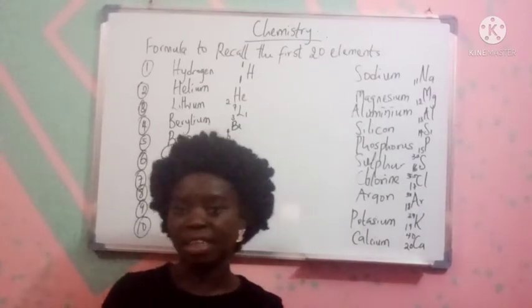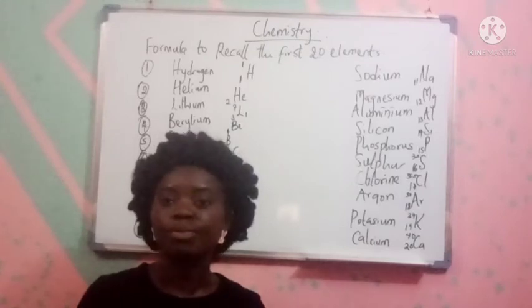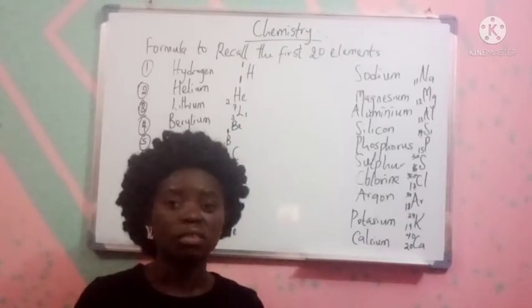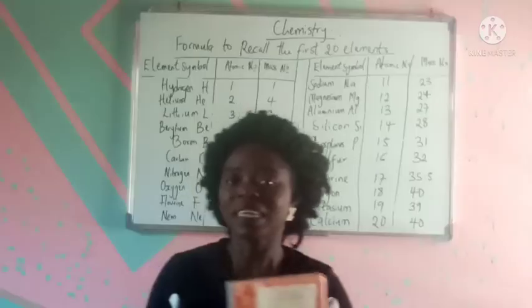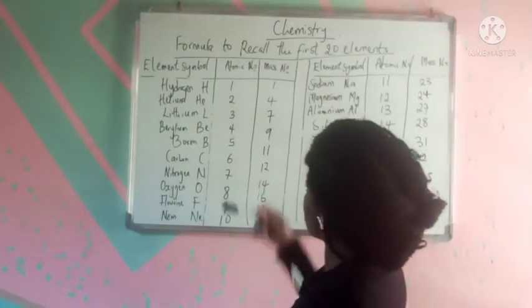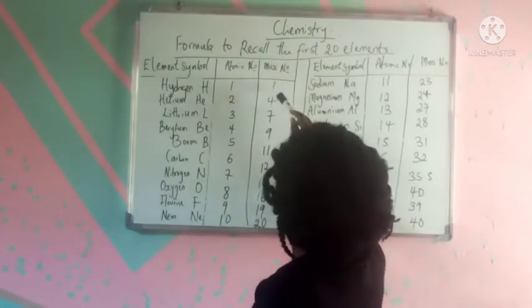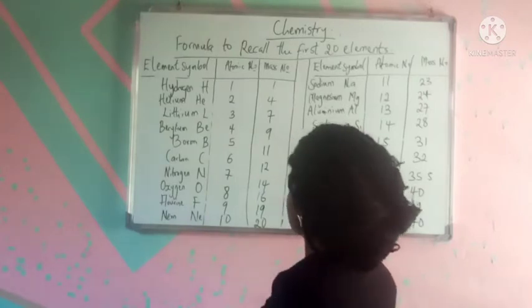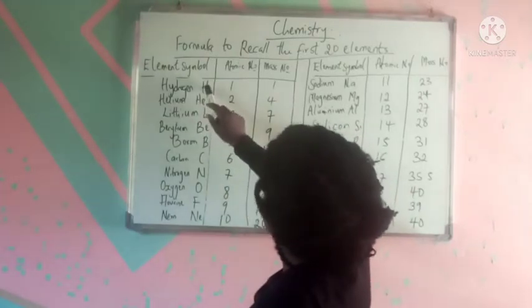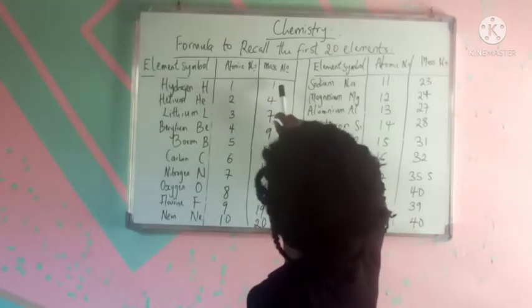Alright, so we actually said that our emphasis today is going to be on calculation of percentage by mass of an element present in a substance. So that's what we're going to do next. We already established that the atomic number of an element is the number of protons it contains, while the mass number is an addition of the protons and the neutrons it contains. So for hydrogen, you can easily deduce that hydrogen contains 1 proton and 0 neutron.